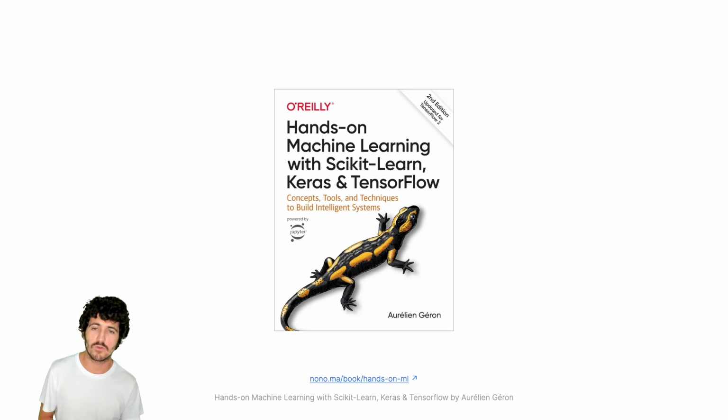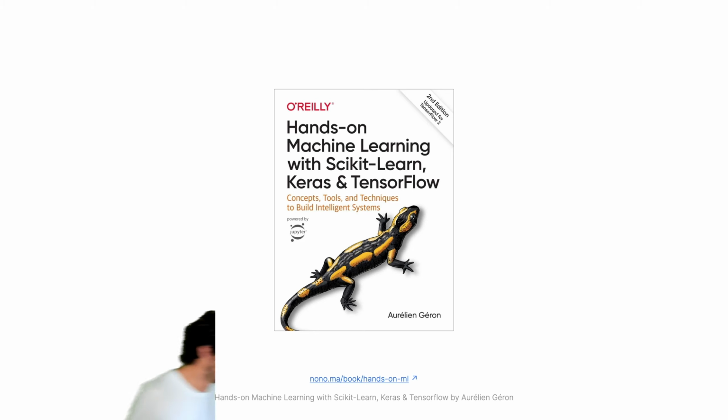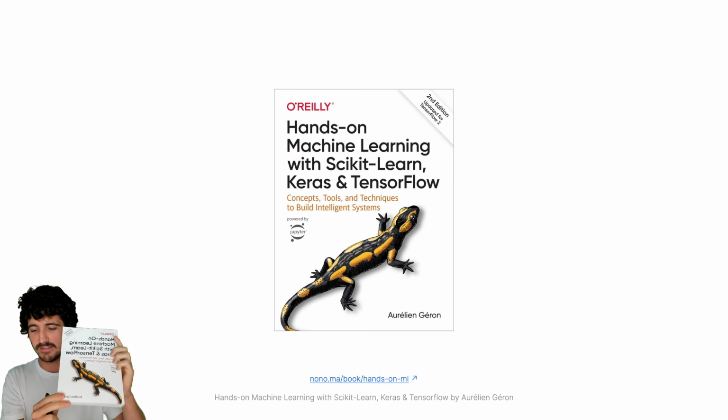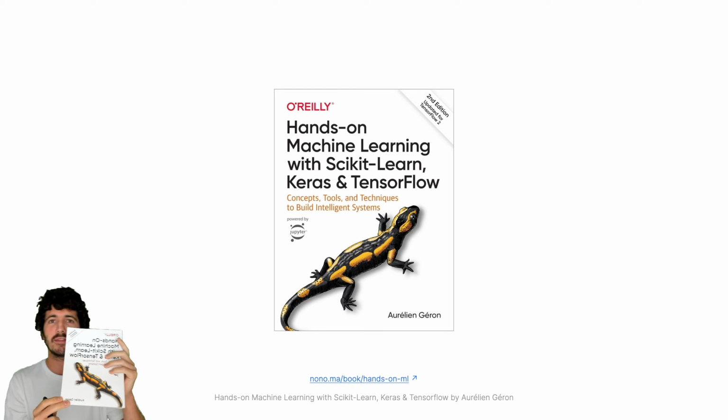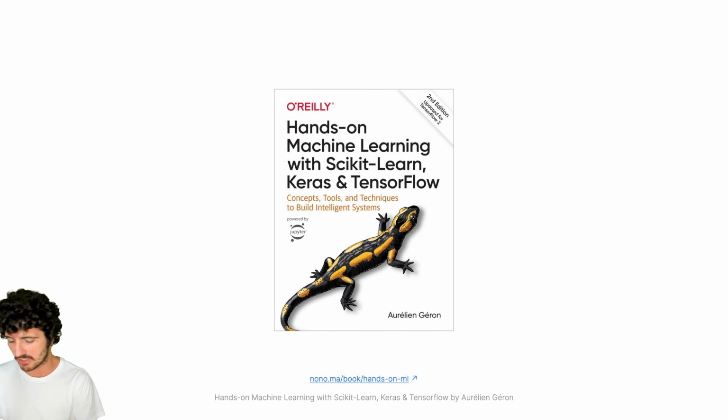Many of you have asked me what I would recommend for getting started with machine learning and artificial intelligence. This is my Bible. This is what I'm going through. I have it here. So this is the book that I would recommend you to get if you want to get hands-on with machine learning.